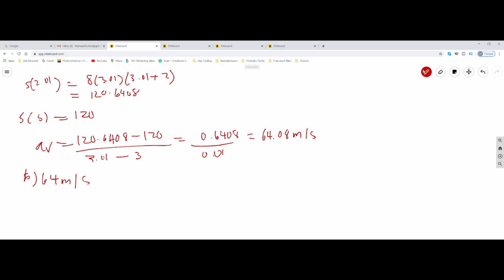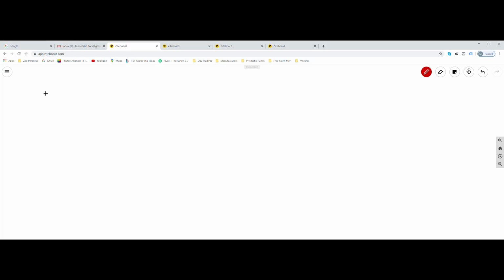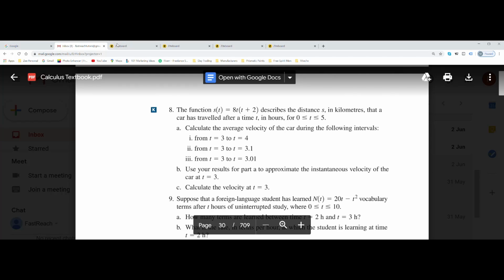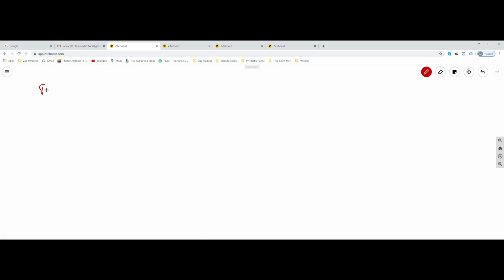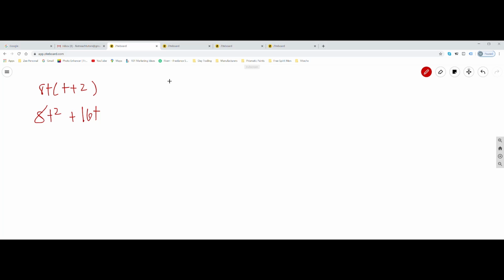So now we should calculate the instantaneous velocity, which is done by finding the limit. We have 8t squared plus 16t. When we put 3 into the function, we know that the value is 120.